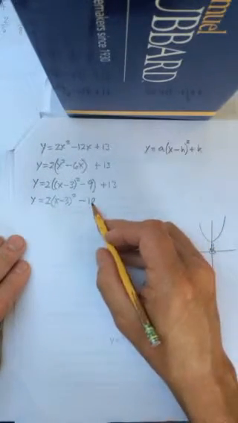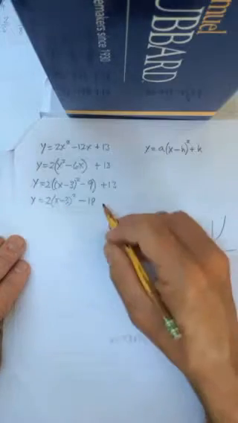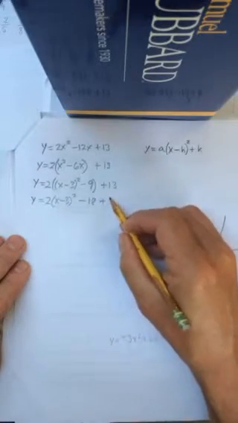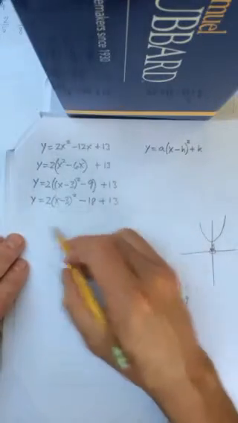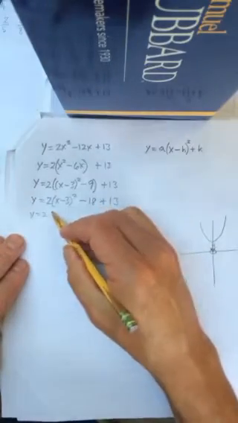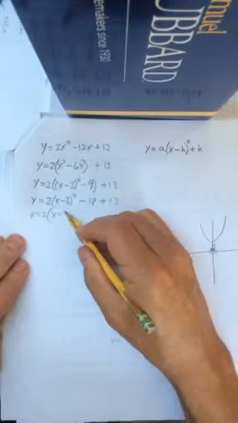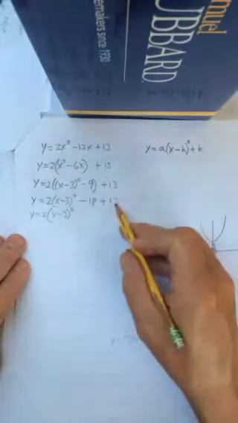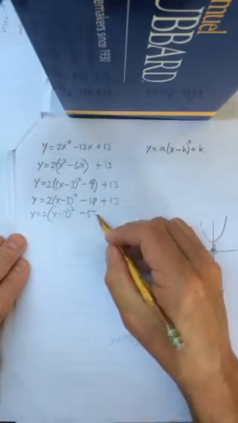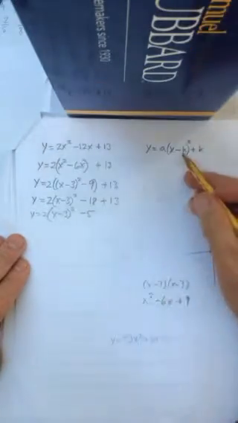So now that's outside, and we only have one set of parentheses. And the plus 13 is still over here. So now let's take care of this. y equals 2 times (x minus 3) squared. Negative 18 plus 13 is negative 5. So now it's in this form.